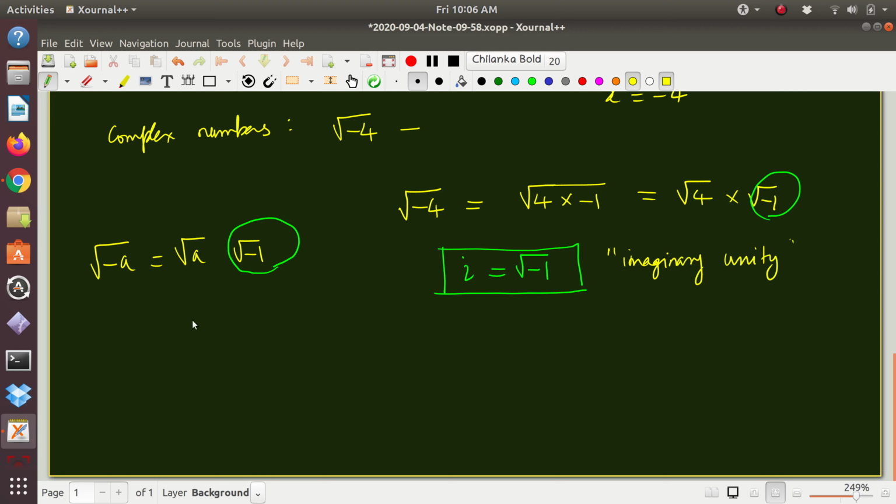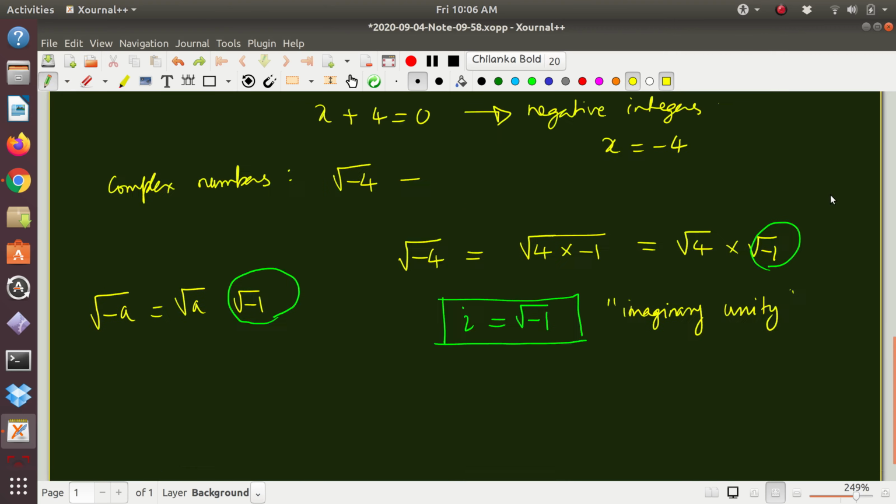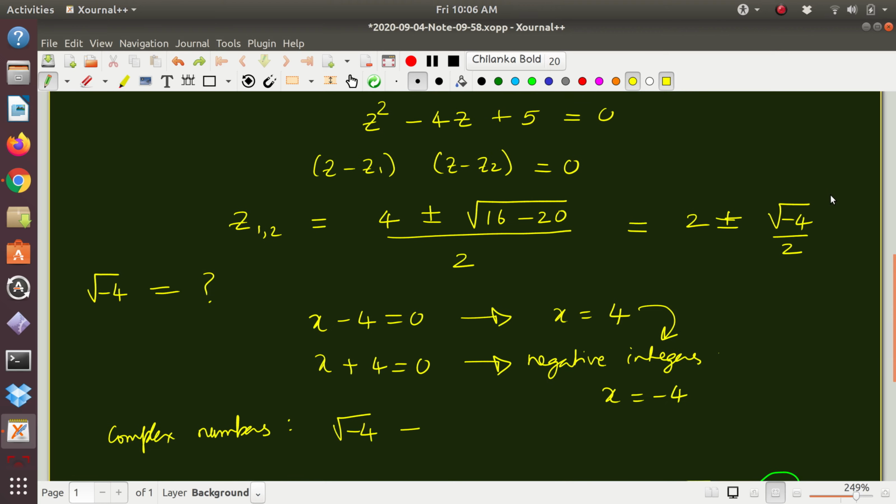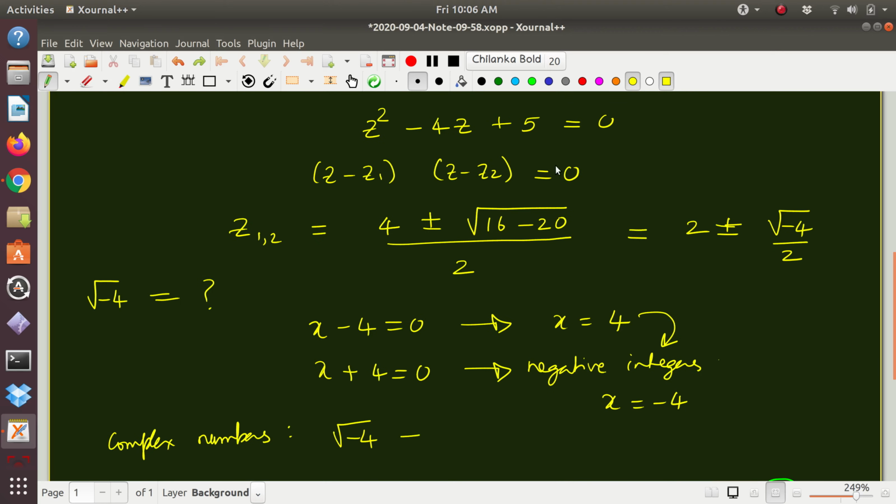Okay, so let me back up a little bit. So we can write this expression as 2 plus or minus square root of 4 into square root of minus 1 upon 2.